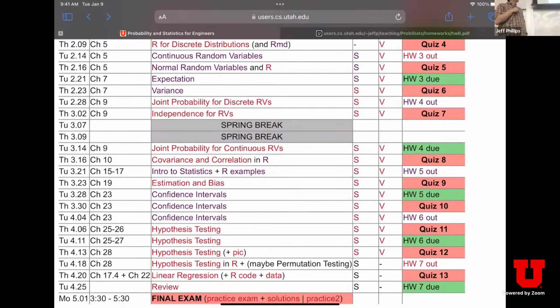The other thing is I posted another practice exam, and I also have printouts, including a few in a pink purple color because that's what was in the printer. Those are linked at the bottom.